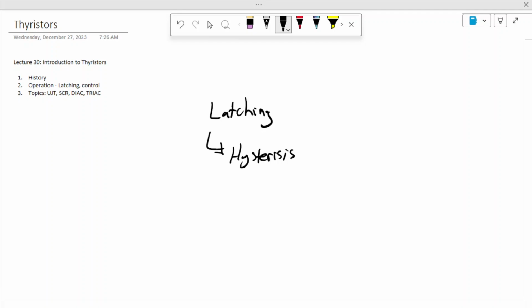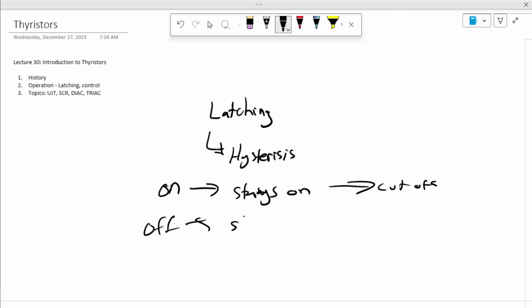And it's seen in a lot of different systems, but what we care about is with latching and hysteresis, when we turn a circuit on, it stays on until a certain condition is met that cuts it off. And if it's off, it stays off.